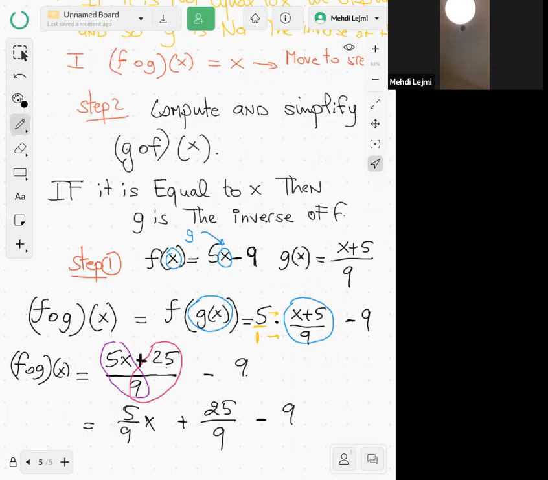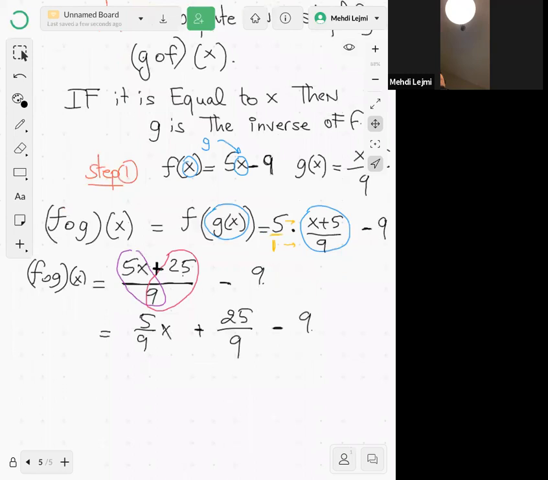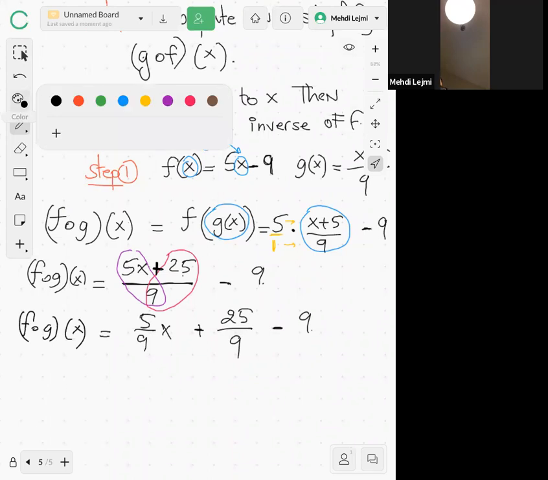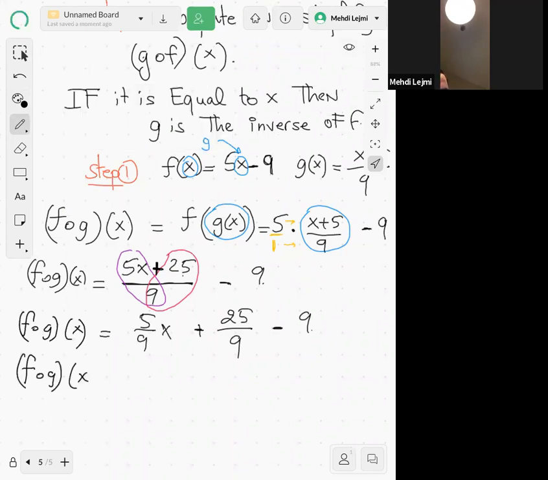So f of g of x will be equal to 5 over 9 x, and here we need the common denominator, because we have a subtraction of fractions.